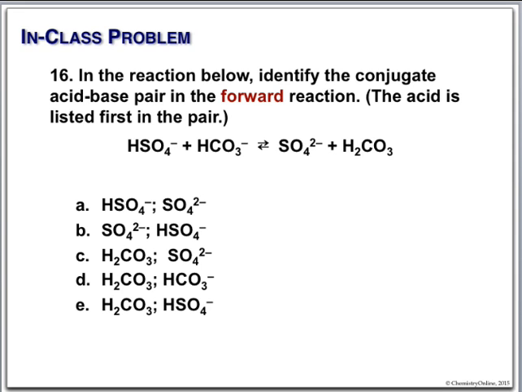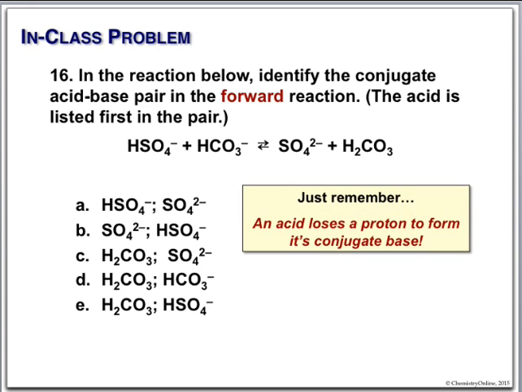What we're looking for here is the conjugate acid-base pair in the forward direction. So what we want to do is look at our acids and our bases and see what's going to fit.